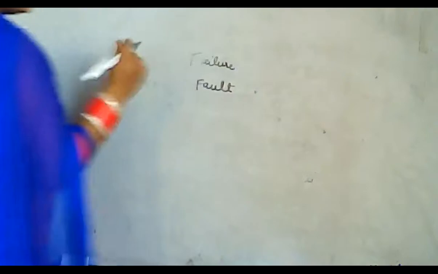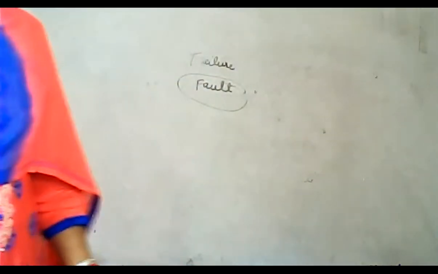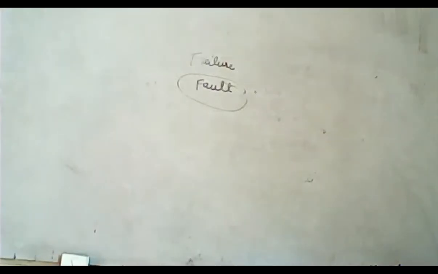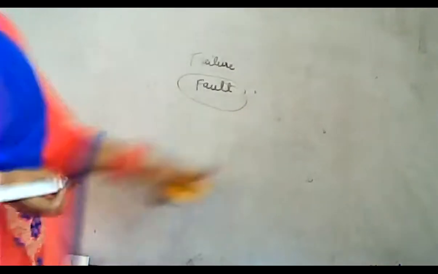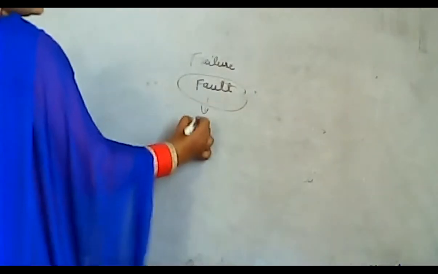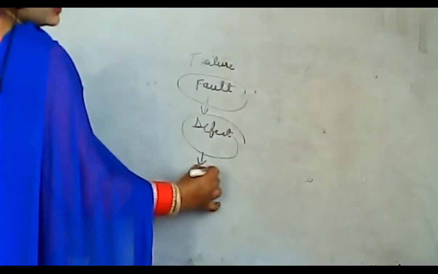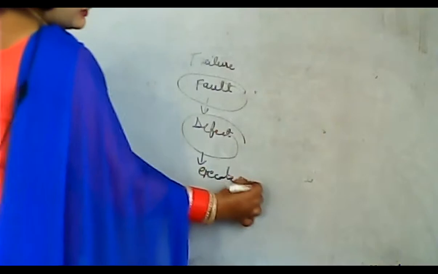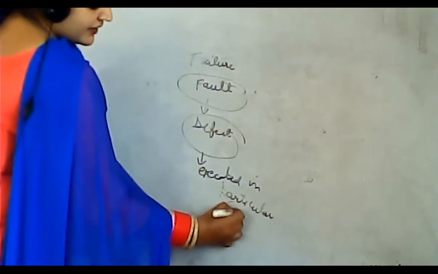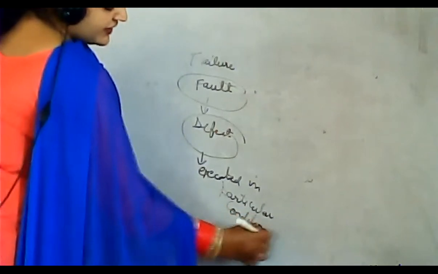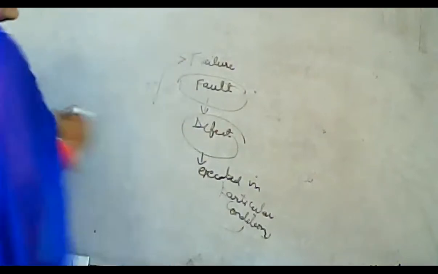A fault is a defect in the program that when executed under particular condition causes a failure. So fault is basically a defect, and if this defect is executed in particular condition, it will lead to failure.